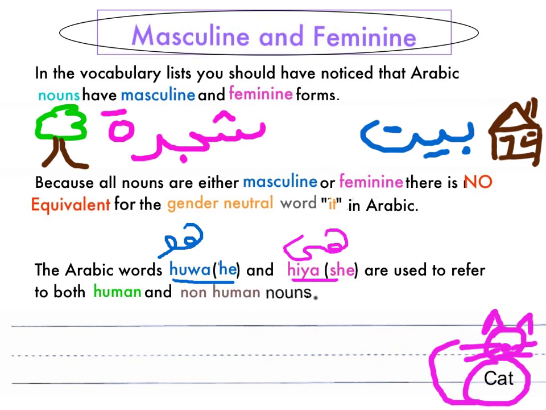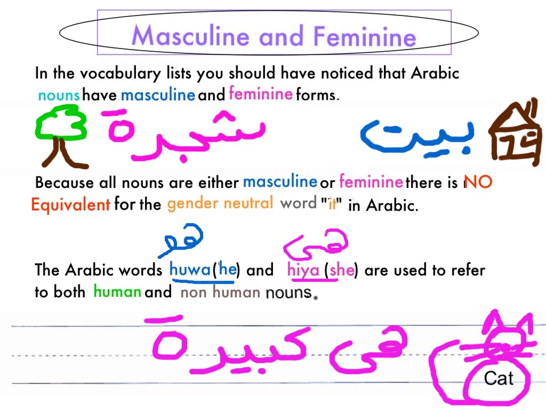So for instance, if we want to say it is a big cat, in Arabic we say hiya kabira. And hiya, which means she, replaces it. So I use hiya even though I'm talking about a non-human noun.